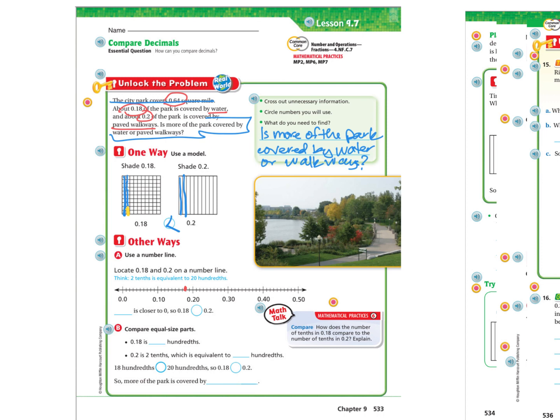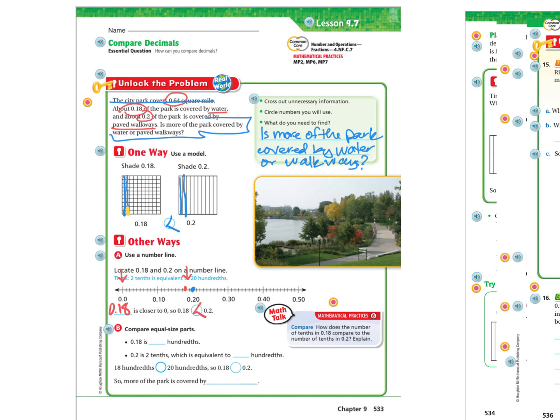And I'm going to do this one in blue. Okay, so we have 1800ths in red and 2/10, which is 20 hundredths in blue. So which one is closer to 0? 20. Which one? 18. Yeah, this red one is closer to 0 right here. So 0.18 hundredths is closer to 0. So 18 hundredths is what to 2/10? Smaller. Yeah, or less than.